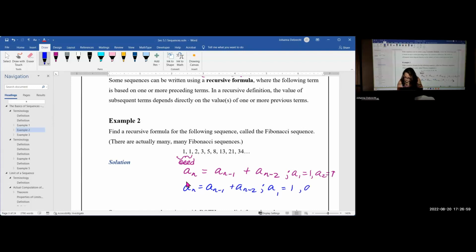A1 is still 1, but A2 is now 2. What does that do to the list? Well, that means that I would start with 1, and the second one would be 2. And then the next one would be 3. And then the next one would be 5. In other words, it would look like the one up above, but it would be missing this first term here. It would drop off one of the ones.